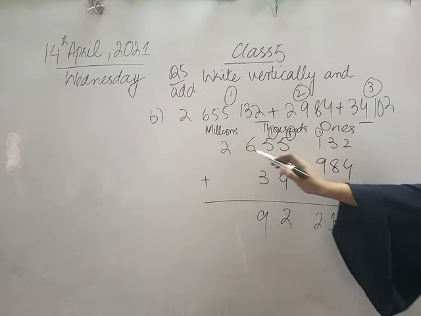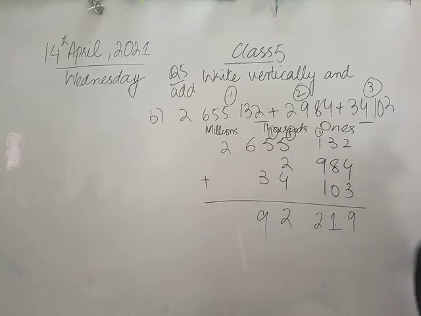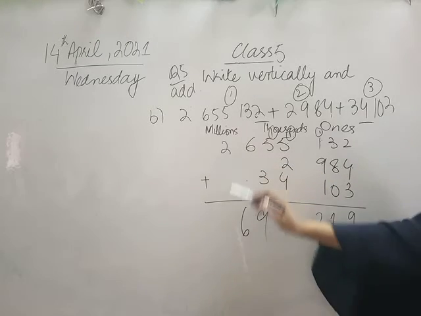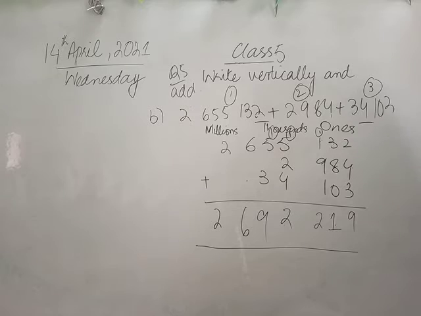For next, as you see class, we have no digit below there. So we can write 6 as it is and 2 as it is also. Fine. Now, this is how we can solve up to 3 numbers which goes up to millions.